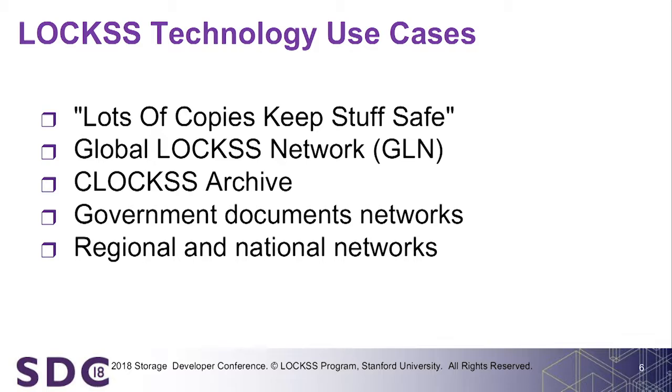So what has LOCKSS technology been applied to? Well, so far it has been very academia-centric, very library-centric, very research-centric. So the first application of LOCKSS technology was what we now call the Global LOCKSS Network, or GLN.